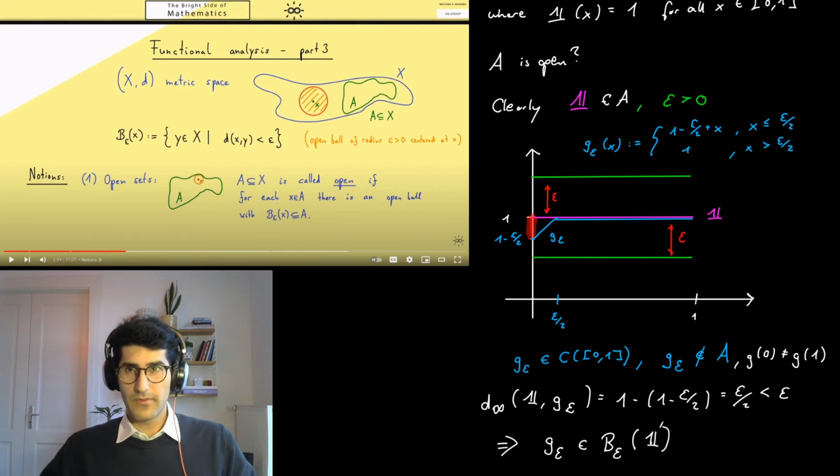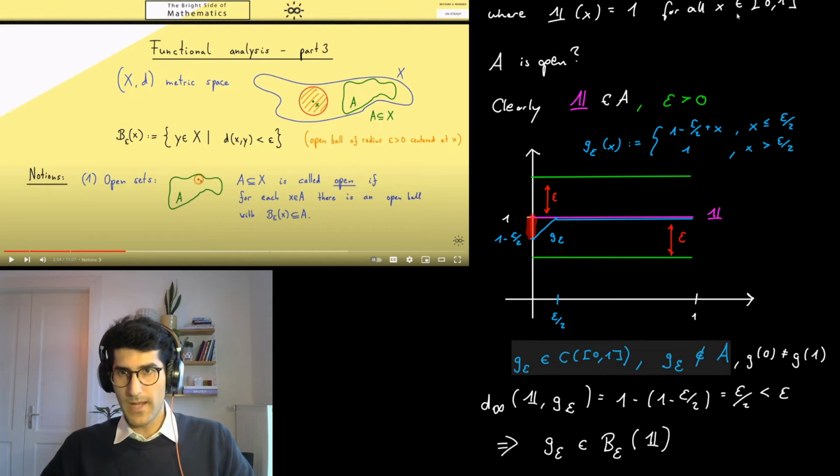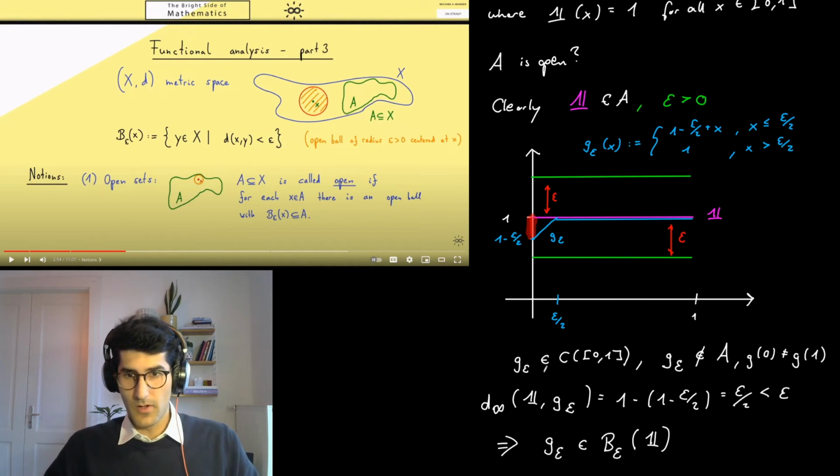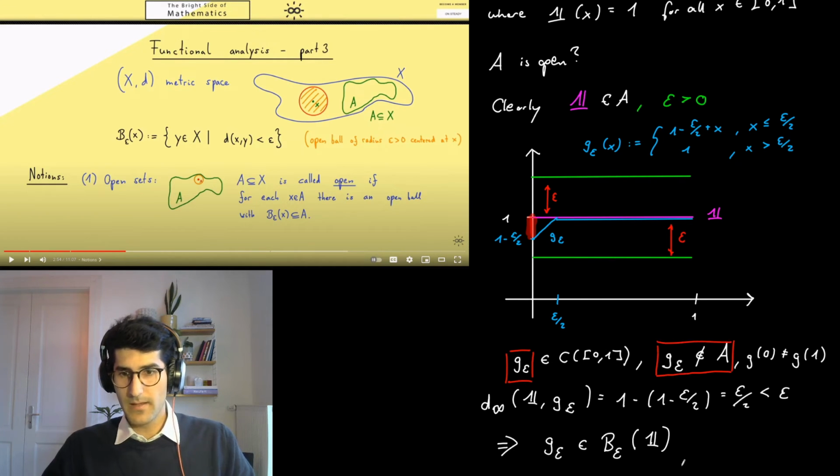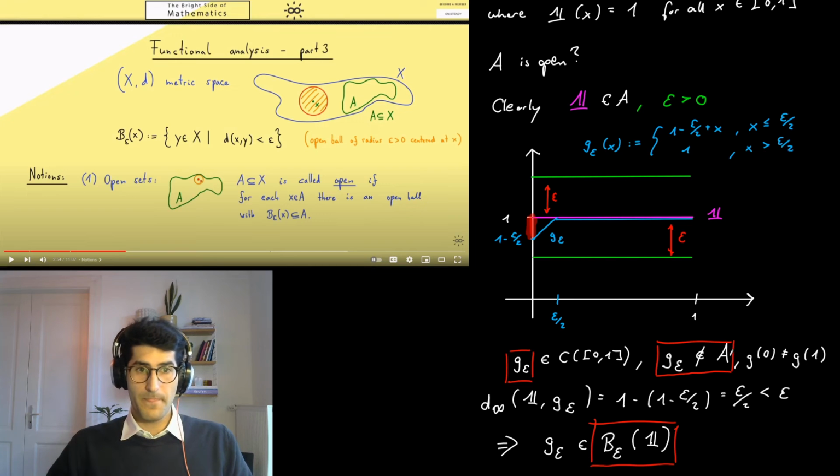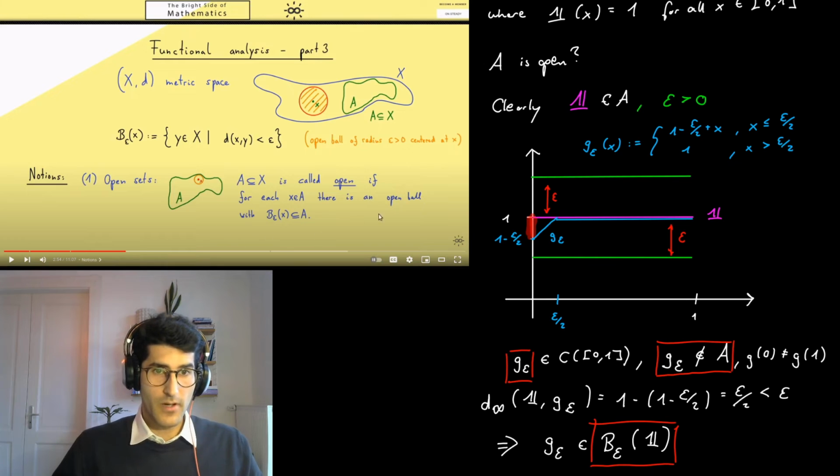Now, taking everything together, we have a function g, or g epsilon, that is not an element of A, but that is inside of the epsilon ball around an element of A. What we have shown here is the negation of the statement here.